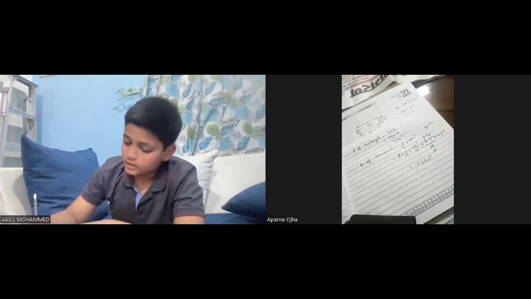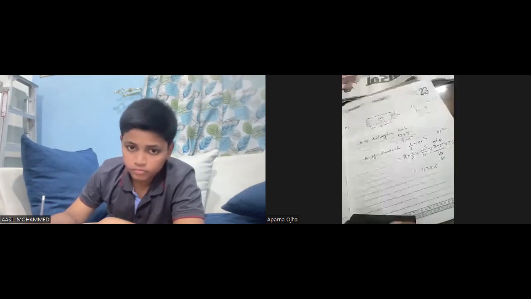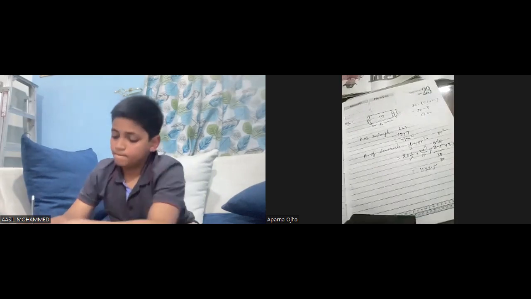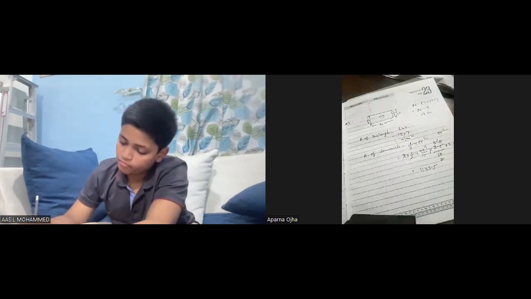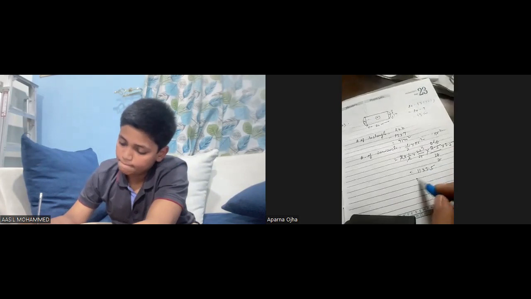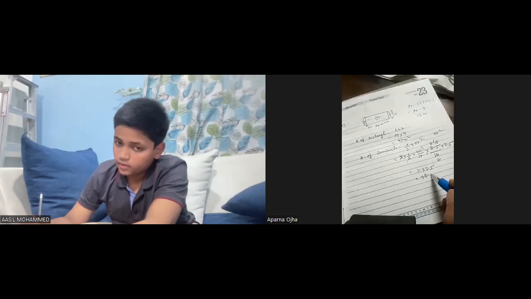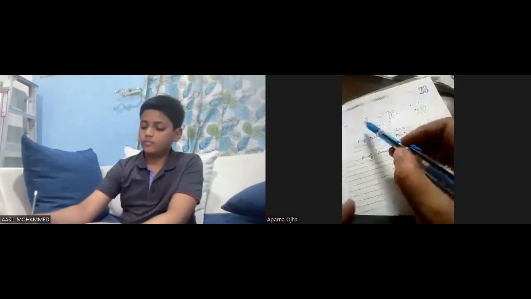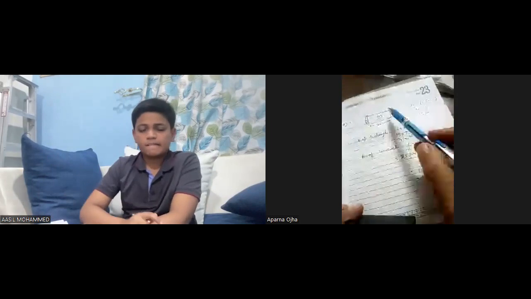You can do it accordingly yourself. Don't see my calculation; if you can do much better, then you can do it. It is 38.5. The area of these two semicircles is 38.5.